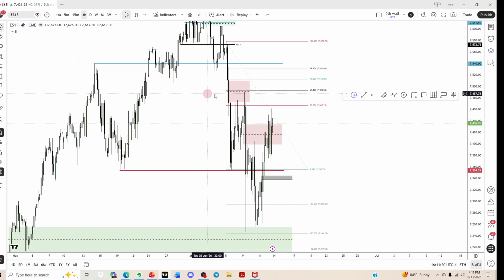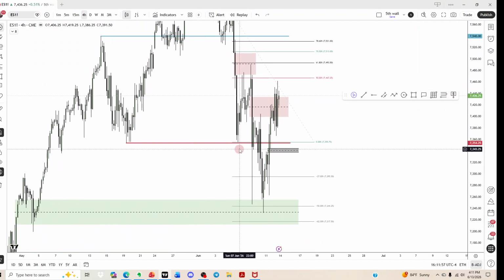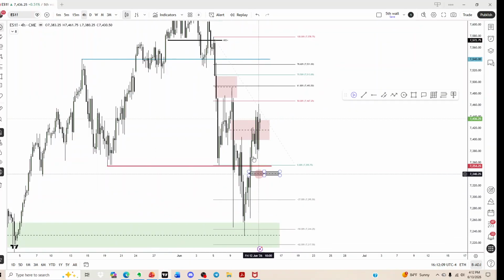So yeah, these are the 4-hour imbalances that support price lower. And we can do the 3 drives pattern, 1, 2, 3 drives climax pattern into this inefficiency, or you could just ignore this inefficiency if you didn't see it. Who cares, right? It's up to you.